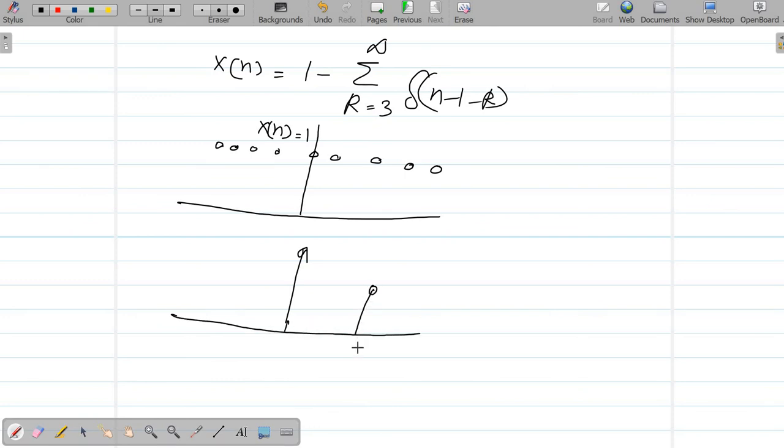It starts from 4. So when you subtract these two, you end up getting a signal something like this.